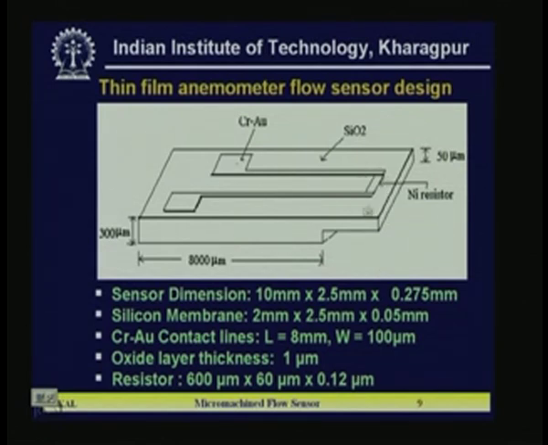So, that is the sensing element or the heater. Here heater and sensing elements are both the same in case of the anemometer flow sensor, but in other cases those two are different. We will explain that also. So, this is the basic design structure of the thin film anemometer flow sensor.